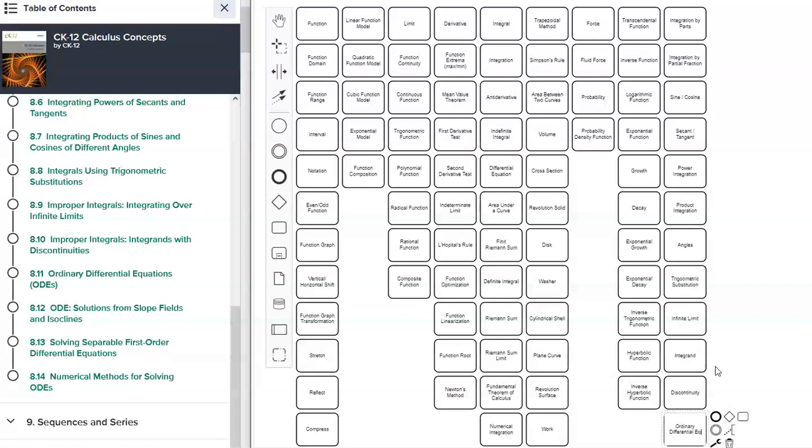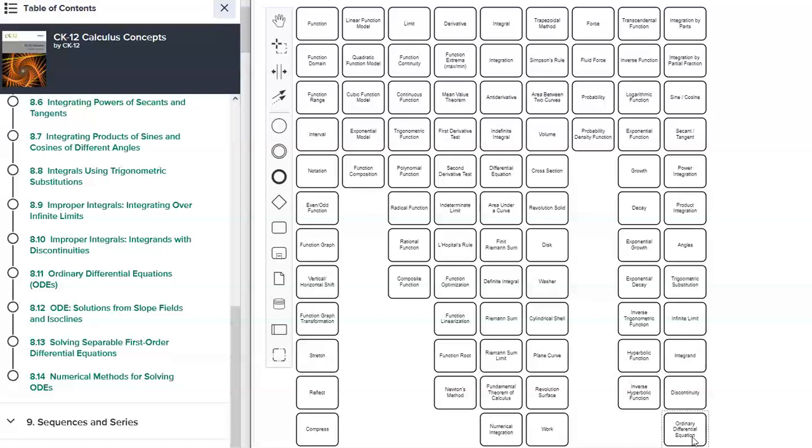So remember earlier we had different types of equations. There's an equation in here somewhere. Do you see it? Differential equation. So there's types of differential equations, and this one happens to be ordinary.